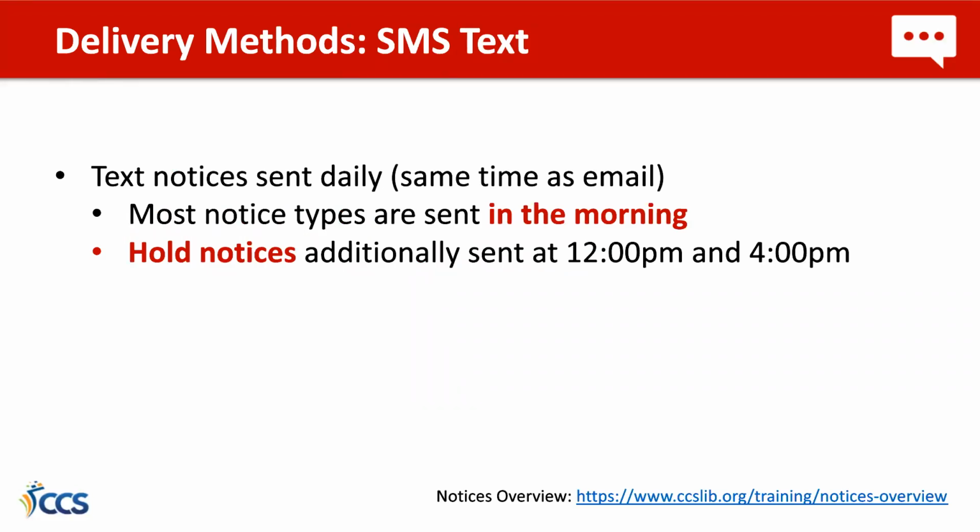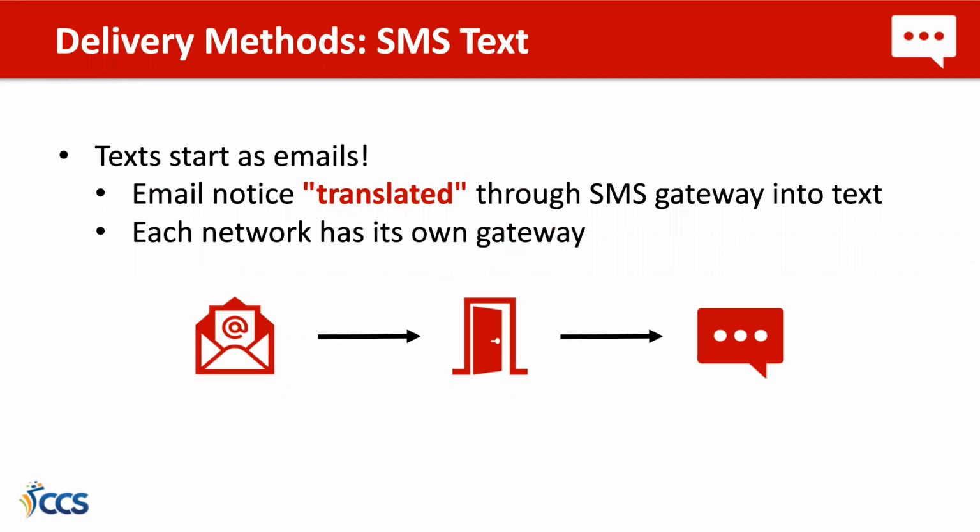The next format patrons have access to is a text message, and these tie in closely with email for several reasons. First, they're issued at the same time as emails. So all notice types run in the morning, and then hold notices run again at noon and 4. But they also tie in closely with emails because text notices start out as emails.